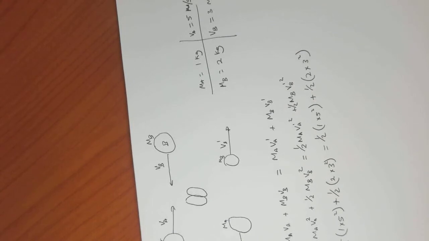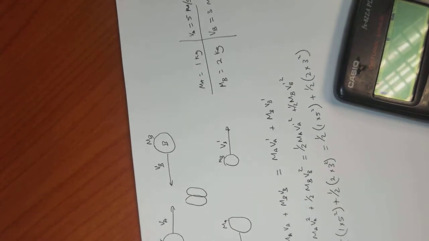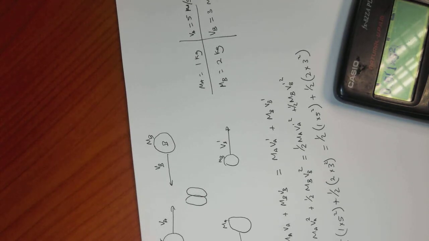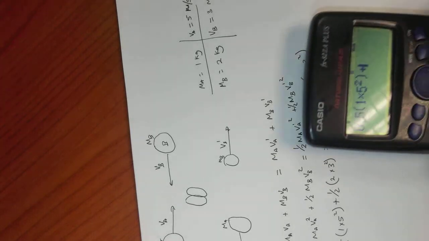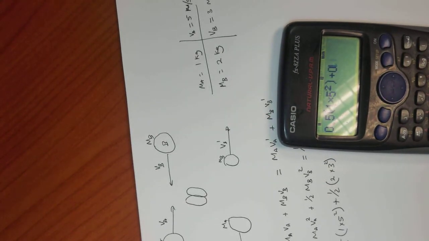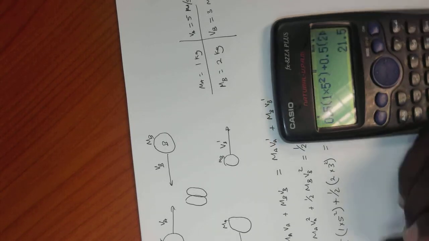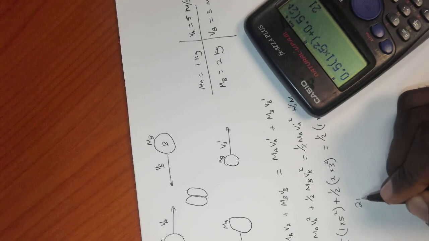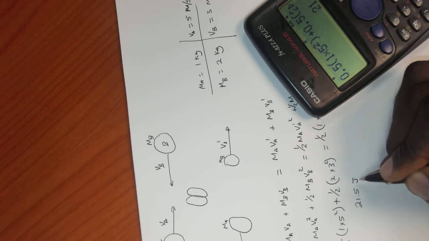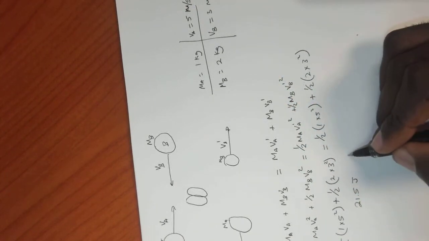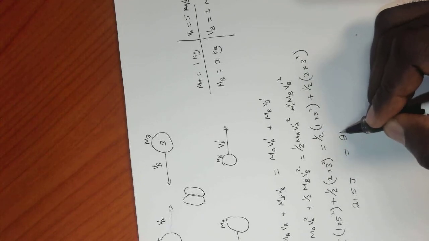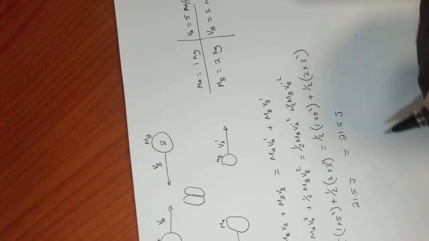So if I punch in the calculator, 0.5 times 1 multiplied by 5 squared plus 0.5 times 2 multiplied by 3 squared, and you get 21.5 joules, assuming this will be 21.5 joules as well.